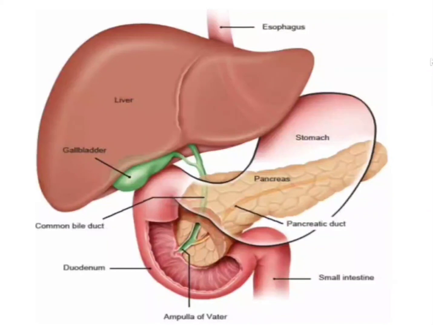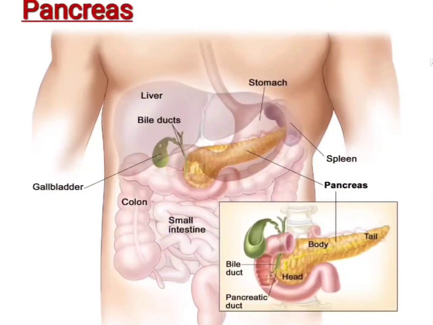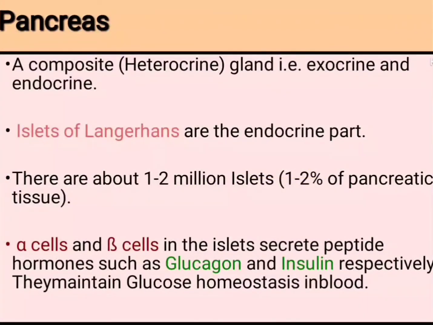So this is all about the pancreas, and we'll go for a summary once again. As you all got to know, here in this image you can see the location of the gland, where it is present, the hormones which this gland produces, and the types of cells which are present. These are alpha cells and beta cells, which you have to remember for your theory exam.